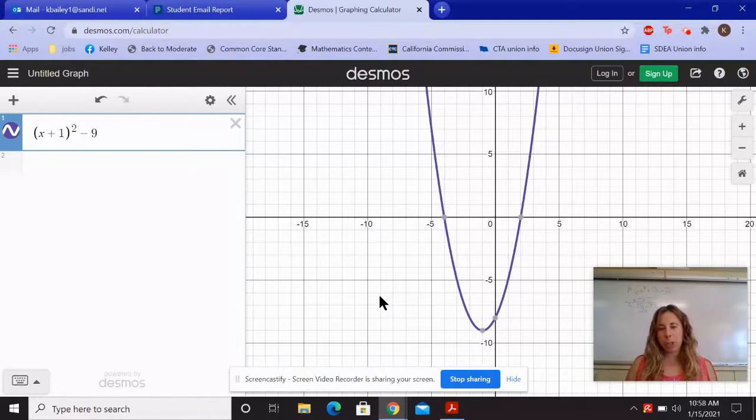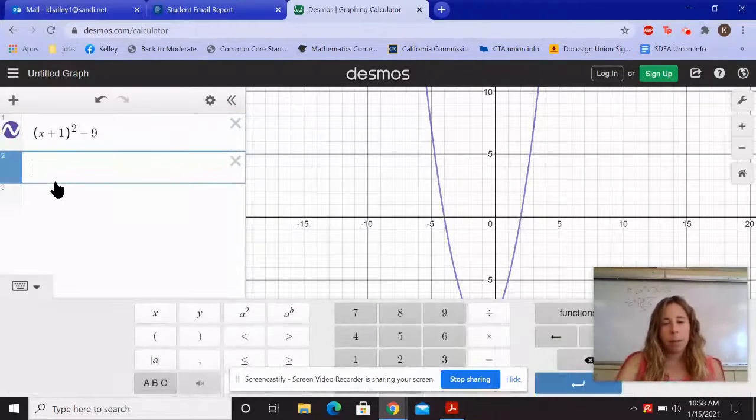If I graph the absolute value of it, how will this graph change? Okay, here we go. Let's see if you're right.